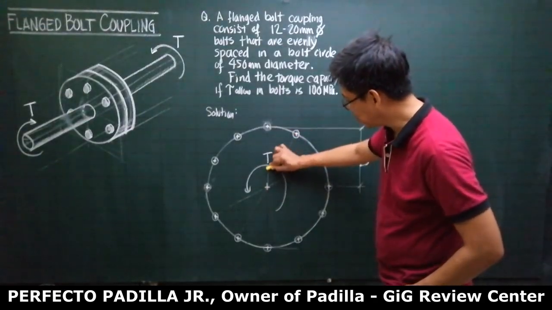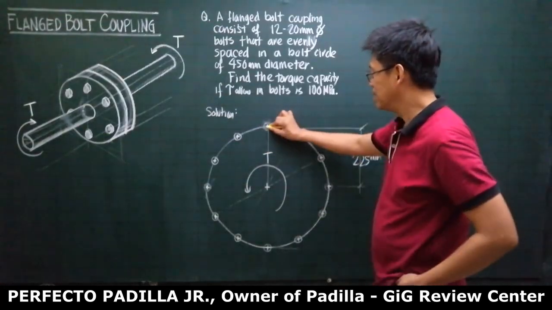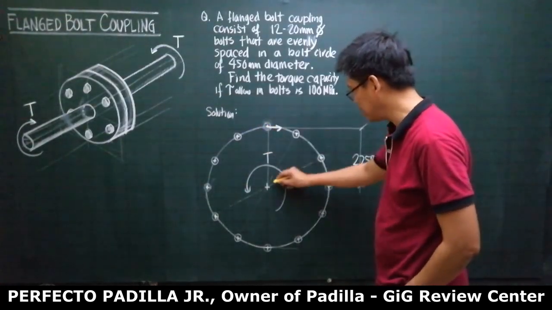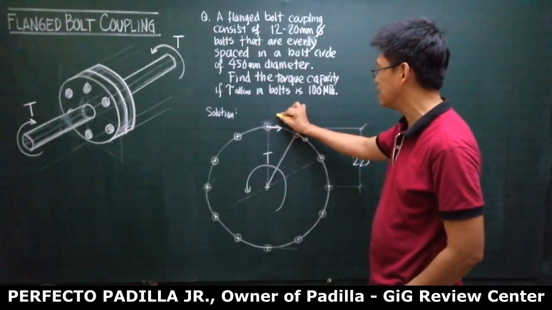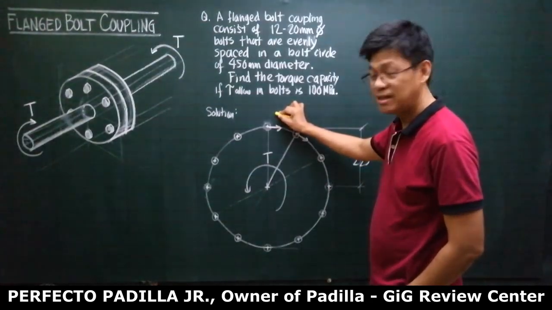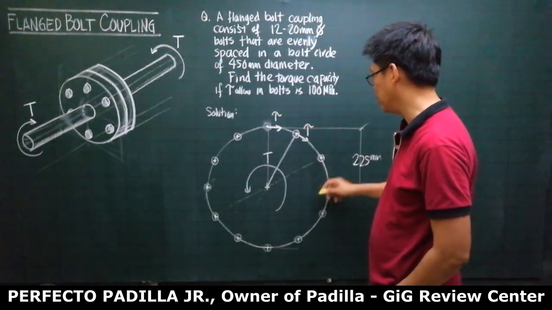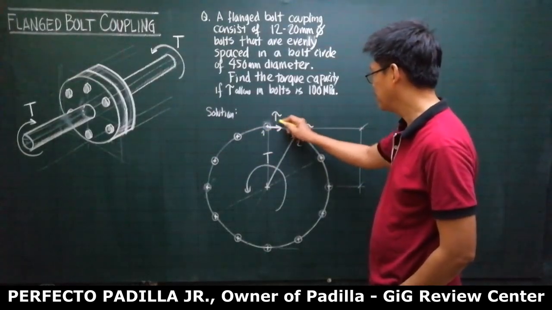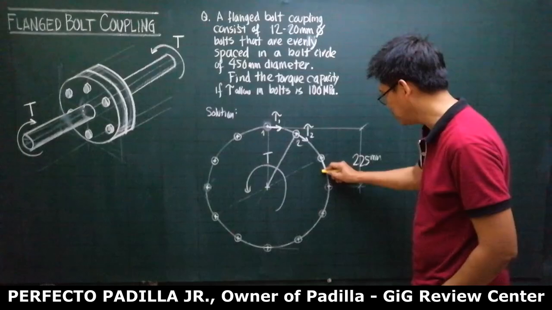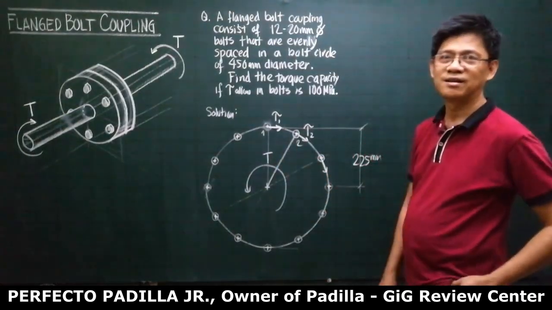Now, because this torque is counterclockwise, each bolt will react. And the reaction of the bolt must produce a clockwise moment. So this would be the force in the bolt, but let me express that in terms of stress. So this would be the stress in bolt 1, bolt 2, bolt 3. So all of them will be clockwise. Okay?